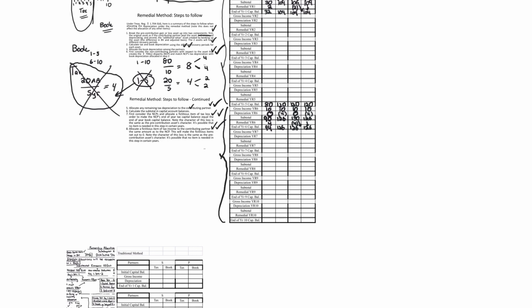At the end of year 10, your balance should be 150, 150, 150, 150, and everything balances. So it shows you that the remedial method always works out. At the end, 150, 150, 150, 150, and that's what the remedial method does. If you have a proper allocation, at the end of the life of the asset, all 4 of these columns will balance.